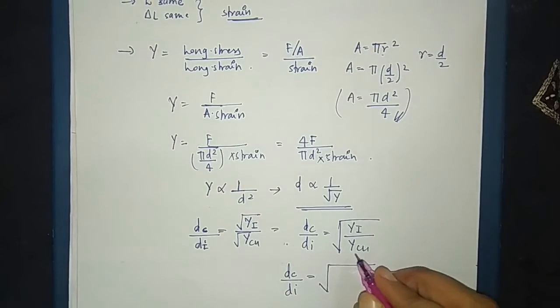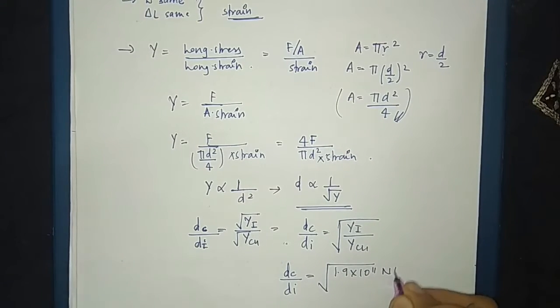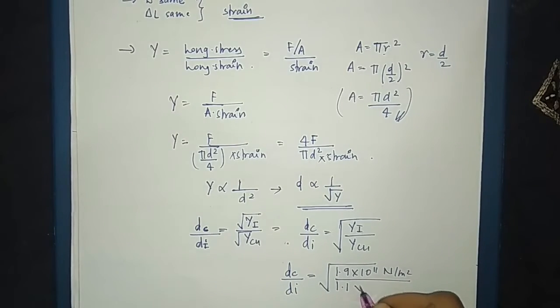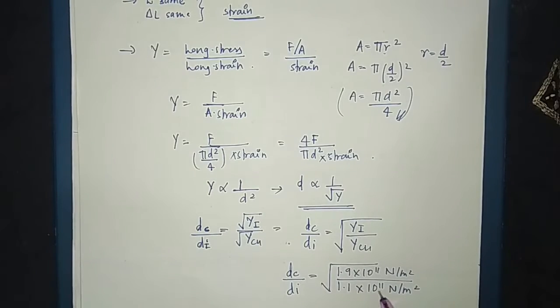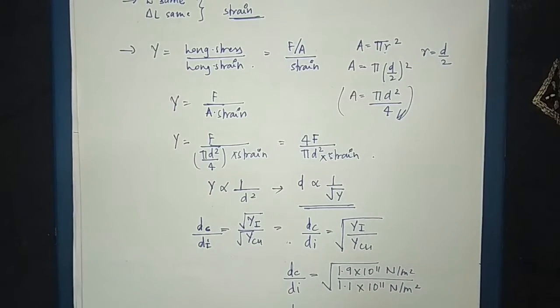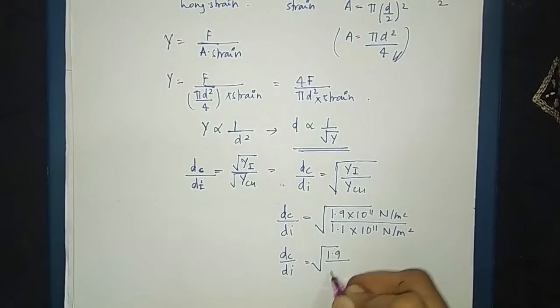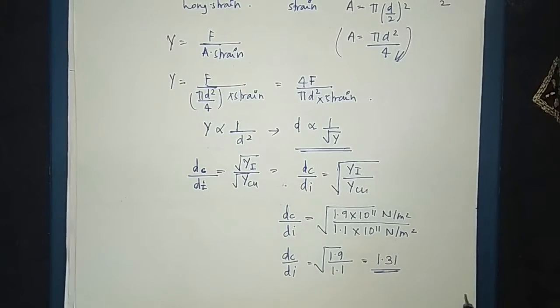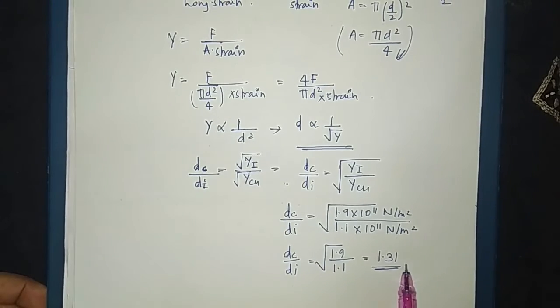The Young's modulus of iron is 1.9 times 10 to the power 11 Newton per meter square, divided by Young's modulus of copper, which is 1.1 times 10 to the power 11 Newton per meter square. It's a pretty easy calculation because the powers are the same. So the diameter of copper to that of iron is root of 1.9 divided by 1.1, which is nothing but 1.31. It is the ratio of the same quantities, so there won't be any unit.